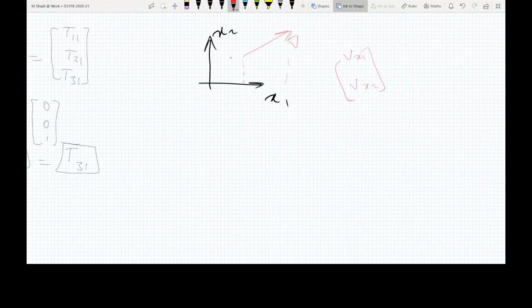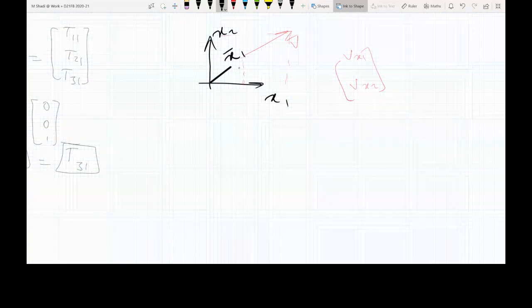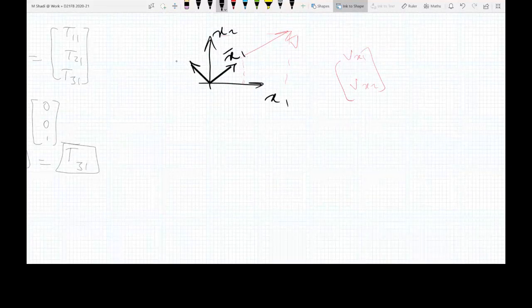Now, if you decide to rotate the coordinate system, and instead of x1, x2, let us have x1 bar and x2 bar. Now, x1 bar is actually parallel to v, so the entire length of v is projected on x1, and you have 0 component for x2.